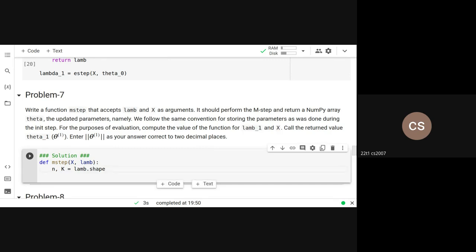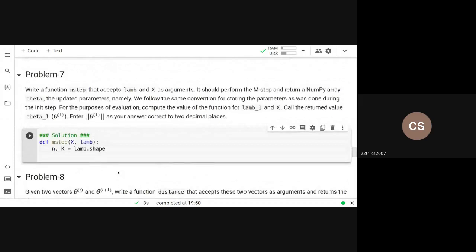Do you see why lambda dot shape will be n cross k like this? Yes, sir. Okay, so there are n rows and k columns. So this is the shape. Now I need to define three values.